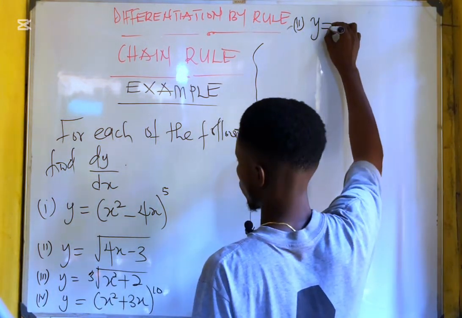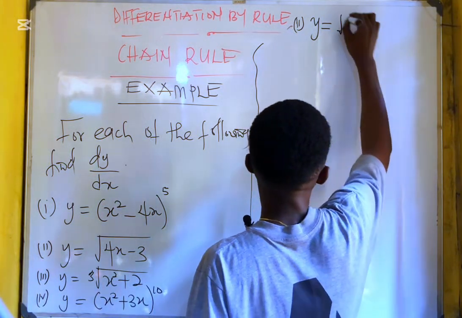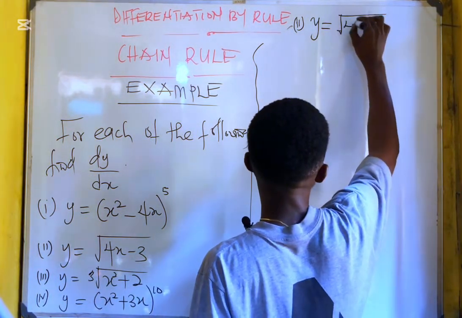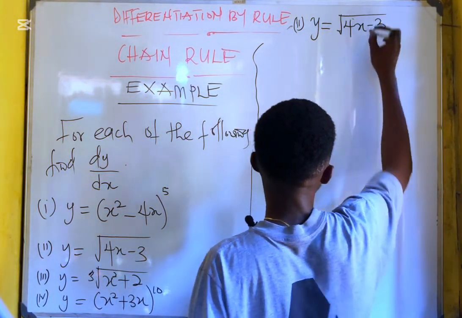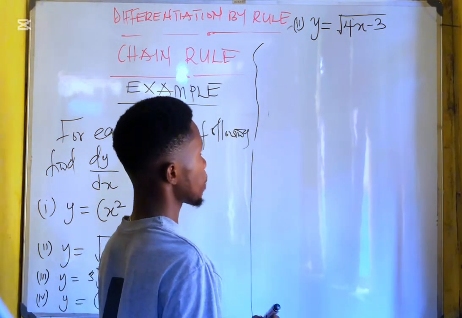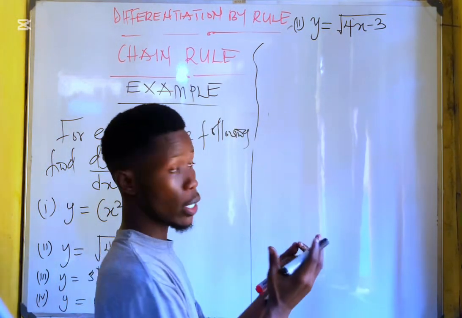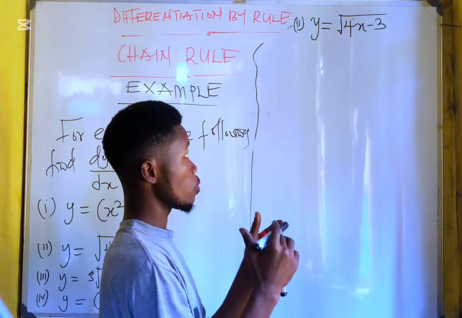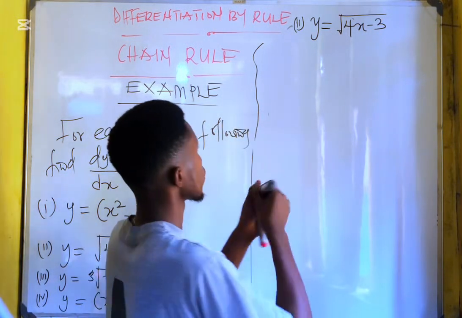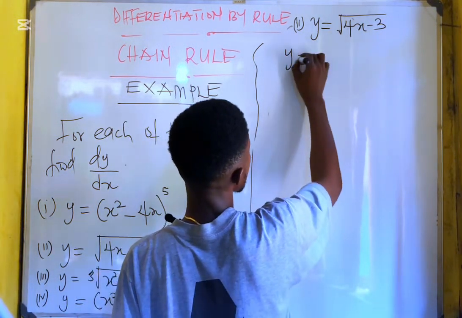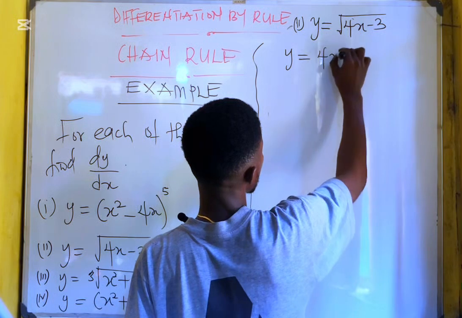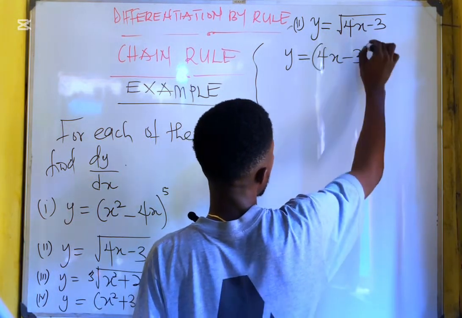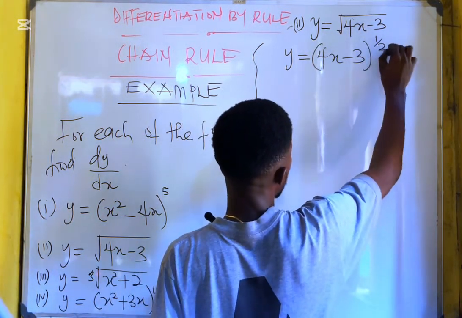Okay. Now let's look at the second example. y equals square root of 4x minus 3. So here, the root there, you change it to what? Exponent. That would be 4x minus 3 to the power half. So we have y equals 4x minus 3 all to the power half. Okay.